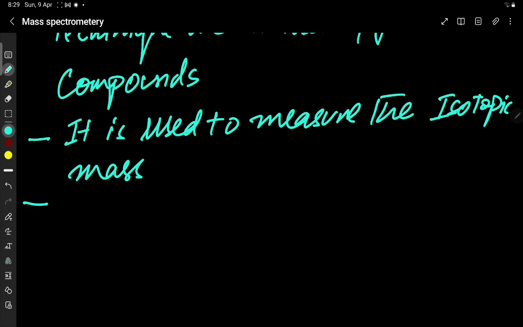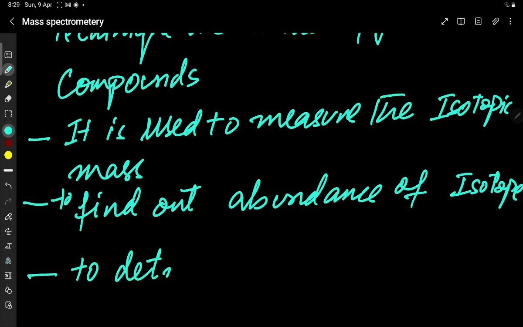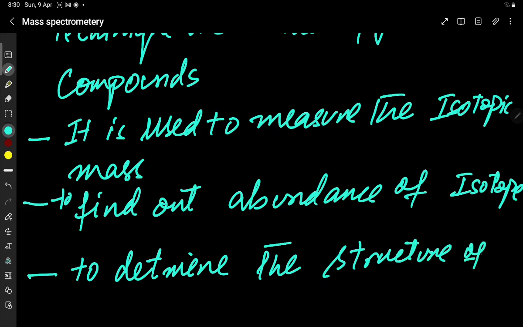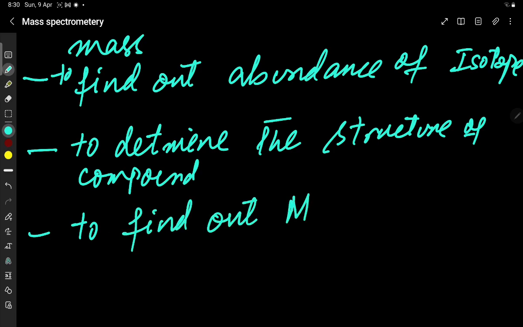It is also used to find out the abundance of isotopes, to determine the structure of a compound, and finally to find out the Mr of a compound.